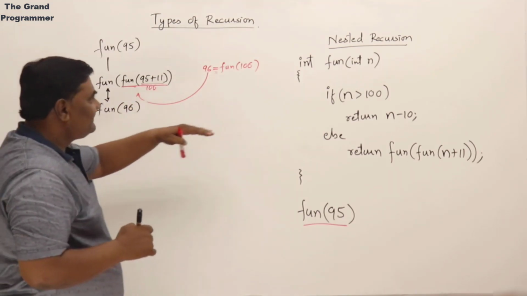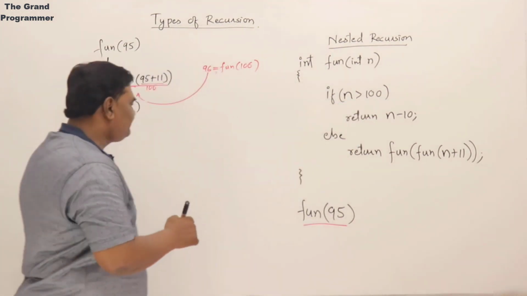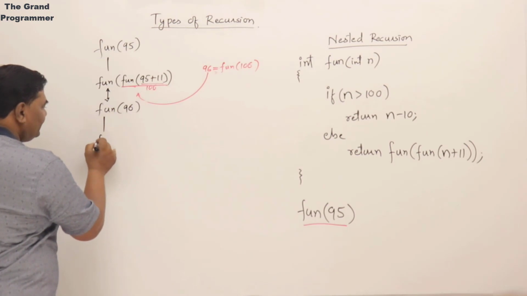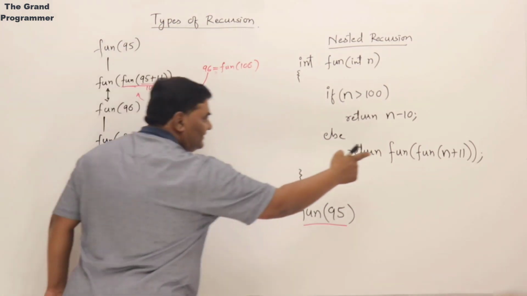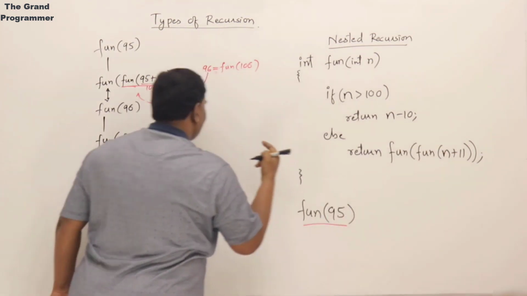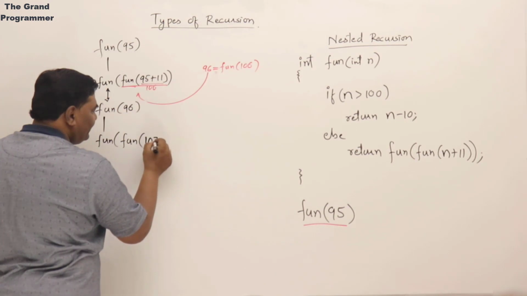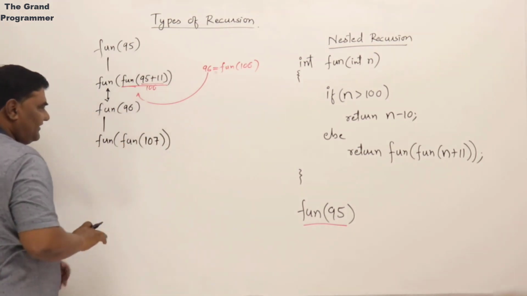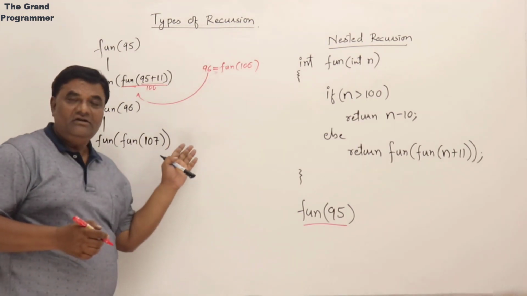Now 96 is not greater than 100, so it enters into this else part. Then it will make a nested function call with the value of n plus 11. So it is 96, 96 plus 11 is 107. So directly I am writing the value. So I should know what is the result of this fun of 107.